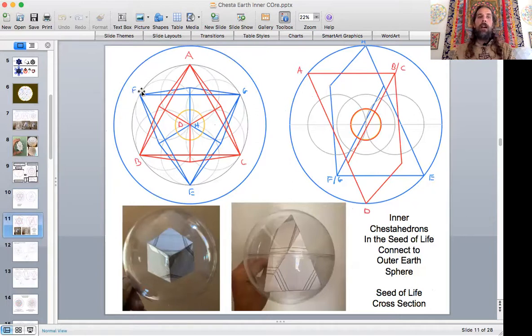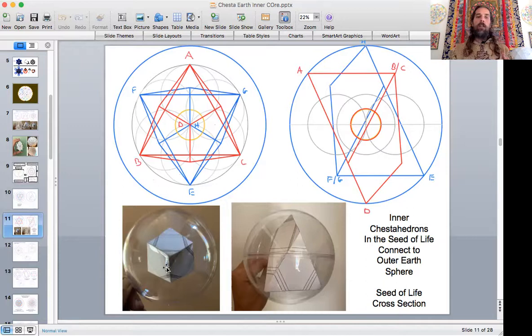Now I've taken those out and I've just placed in the inner Chestahedrons, the double star Chestahedron, the red and the blue one. And if you draw them in the seed of life, just like this, then that's going to hook you up to put the Chestahedron back into that larger sphere, meaning that from this edge right here to that blue edge, when we rotate this, it looks sunken down in there.